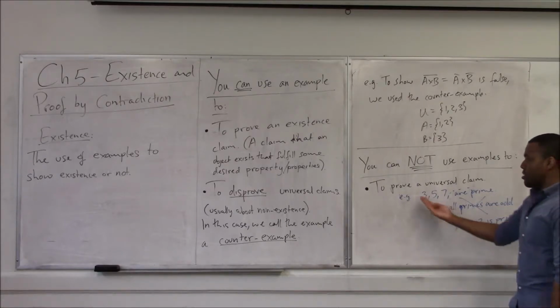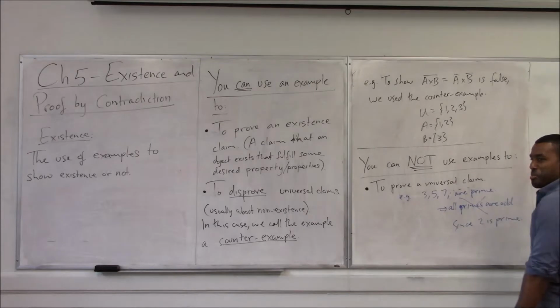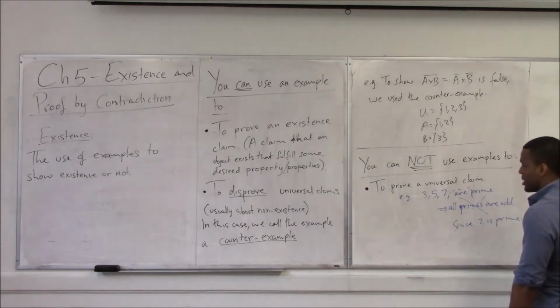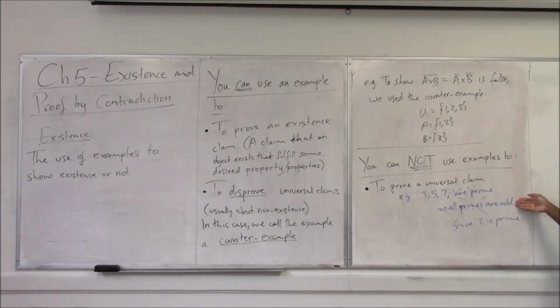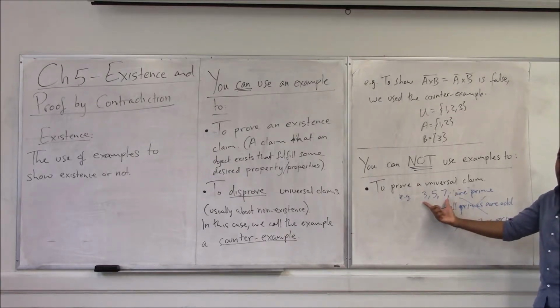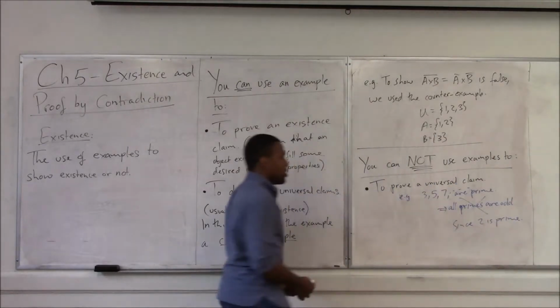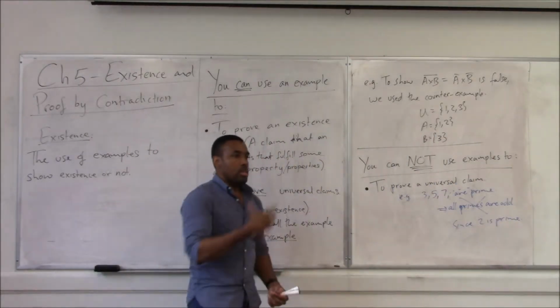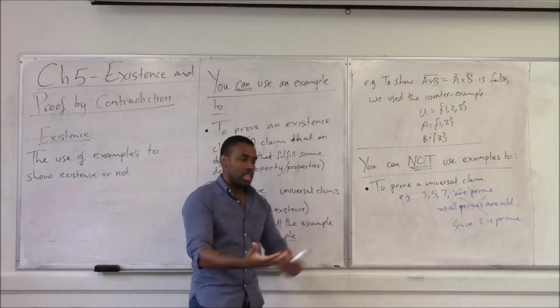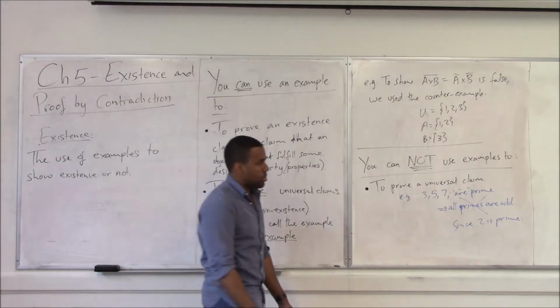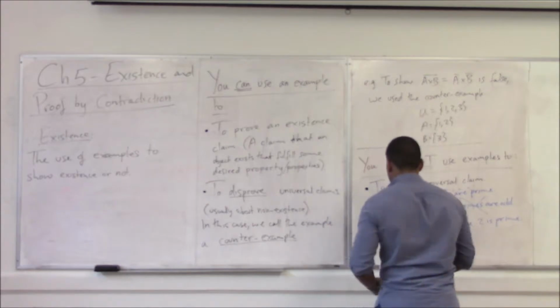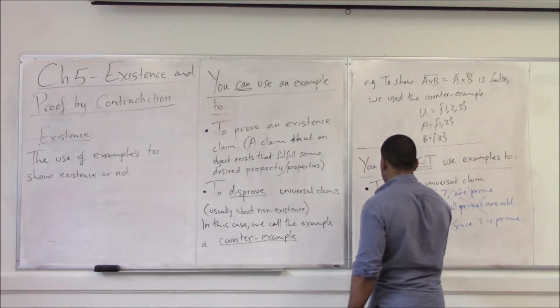Someone starting from 3 can literally give you an infinite number of examples of odd primes, and they can convince themselves that all primes are odd. But any finite amount of examples you give me cannot prove a universal claim, like all primes. It says all of them. So you can't prove universal claims with an example, because sometimes you didn't pick the right example.